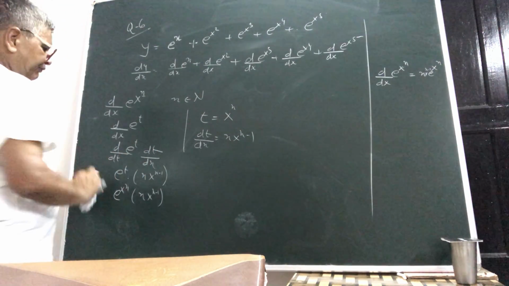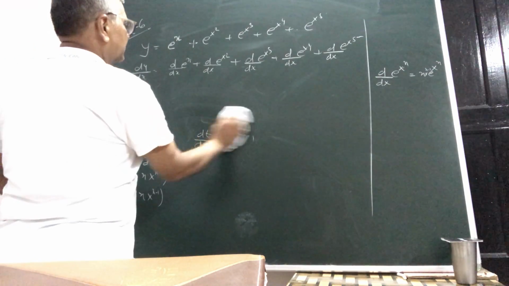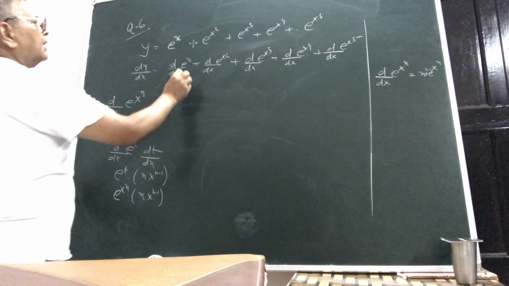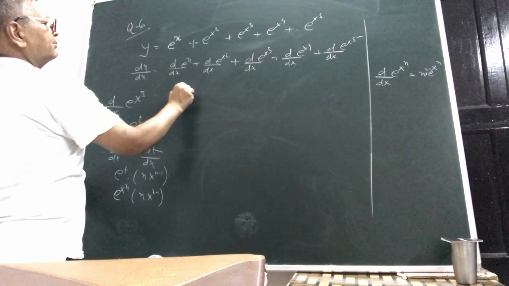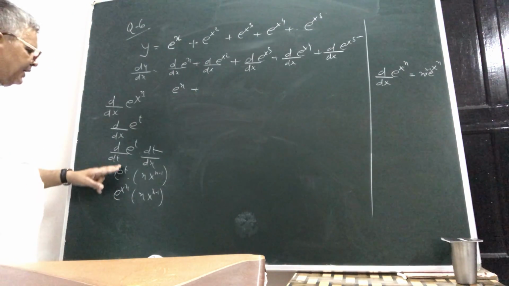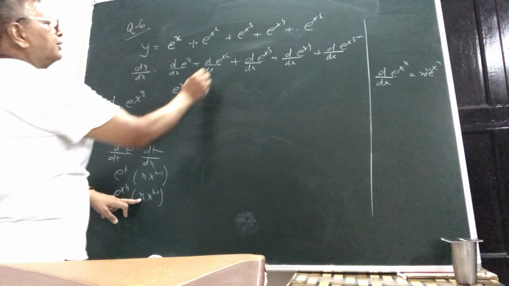So this is the formula, and based on this, you can put the values here. e raised to power x is e raised to power x. For e raised to power x square, put n as 2 here.